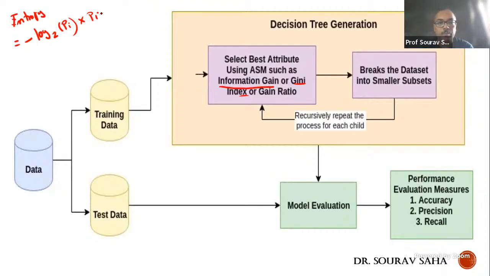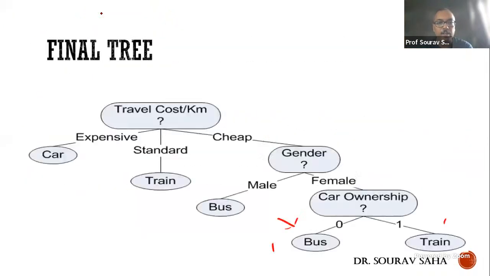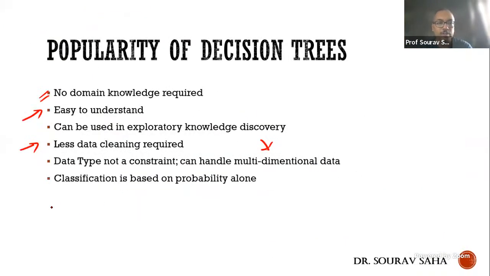So in the previous example, the one I was trying to give, let's say learning sessions, people scoring good, average, poor.